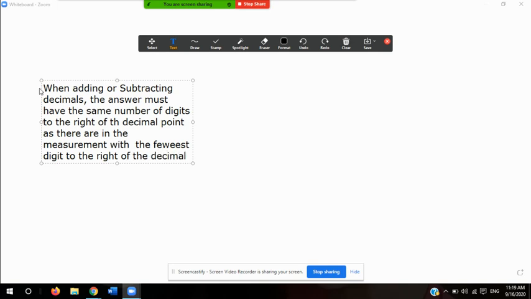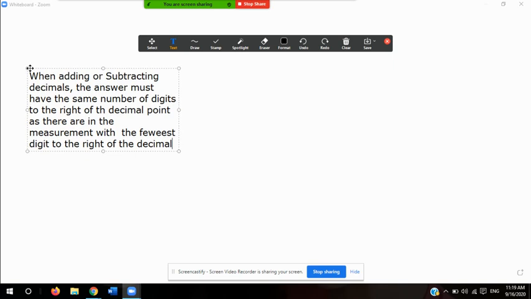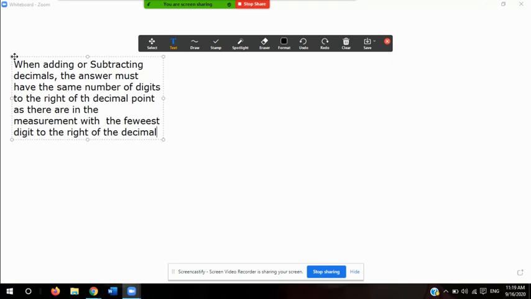And I know that sounds a little bit confusing. And when we start working with the example real quick in a minute, you'll be able to see what that means. I'm actually moving this over here so I have space to type the rule for multiplication.